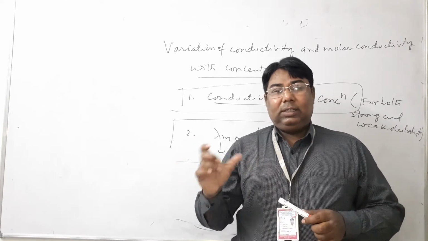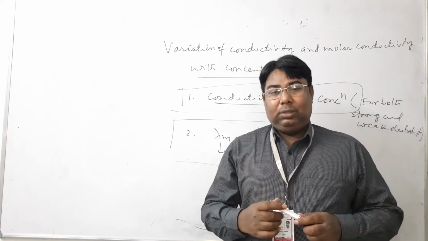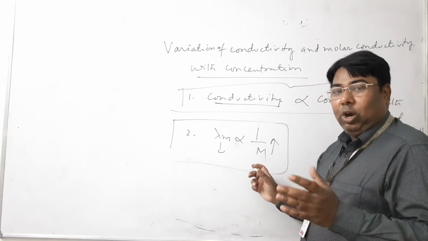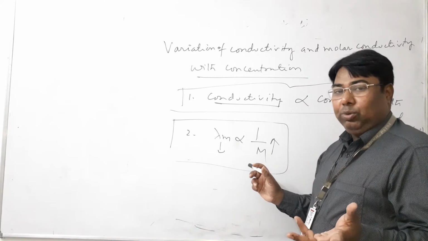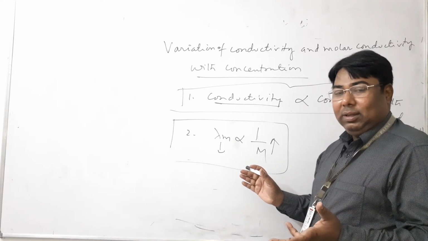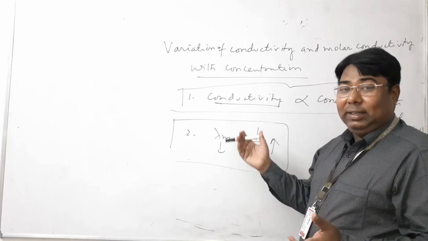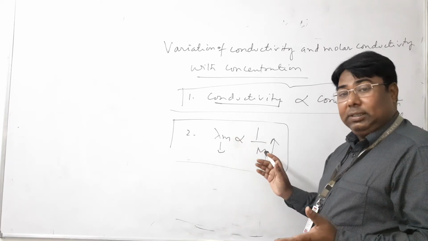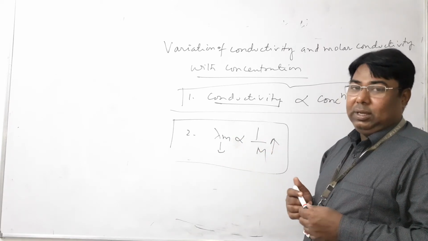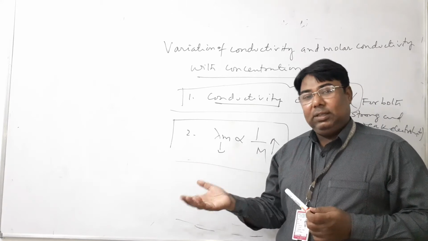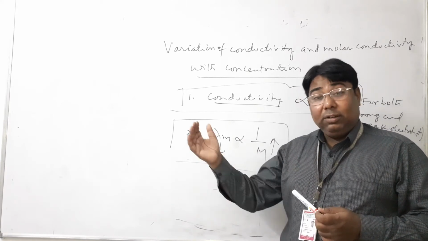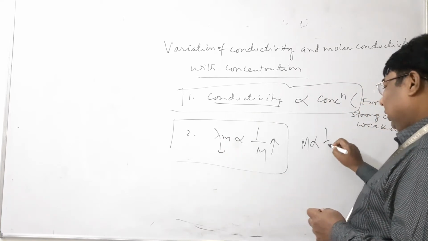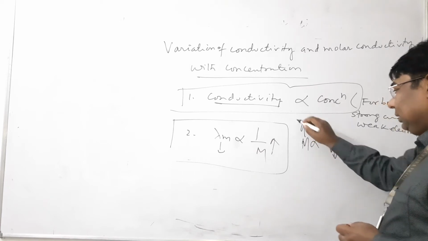So conductivity is directly proportional to concentration, but molar conductivity is inversely proportional to concentration. All of you know the formula, lambda m is equal to K into 1000 by M. That means when K increases, lambda m increases, but there is another factor M. Lambda m is inversely proportional to concentration, because when concentration increases, the number of ions increases, but the volume decreases, because M is inversely proportional to V. So when this increases, volume decreases.